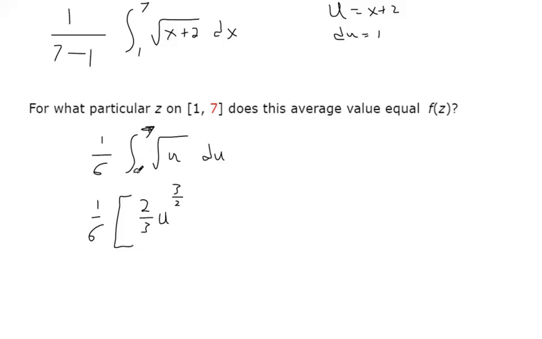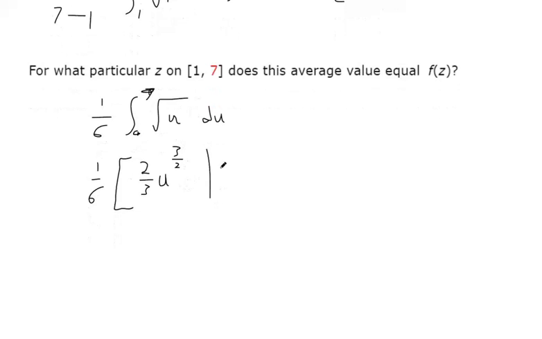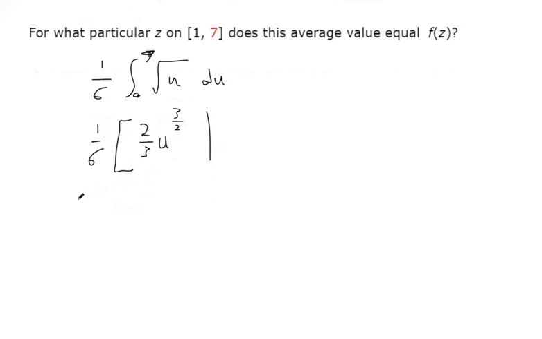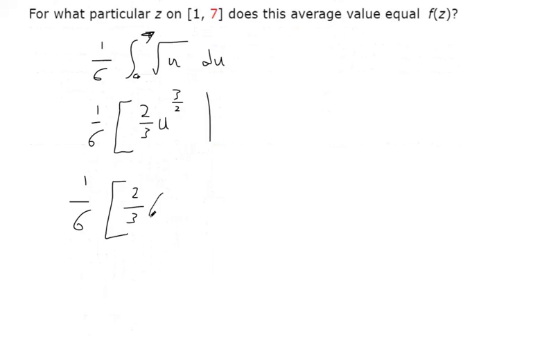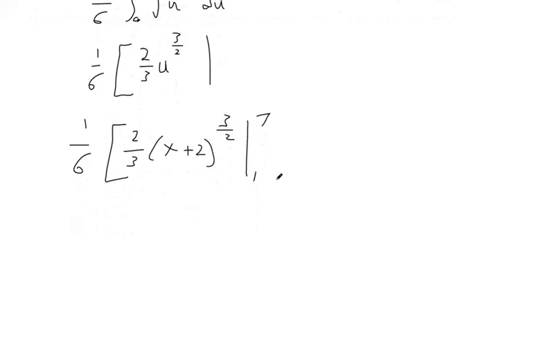And actually, this isn't the limits of integration right now because it's now in terms of u. But if we plug x back in, u was x plus 2, so this is x plus 2 to the 3/2, and that's from 1 to 7.